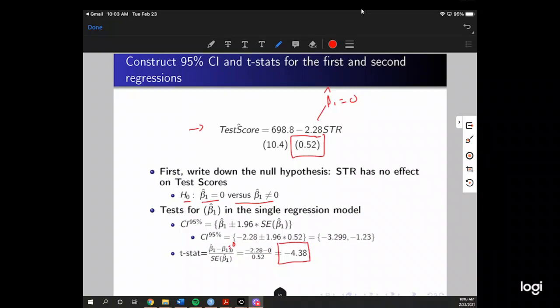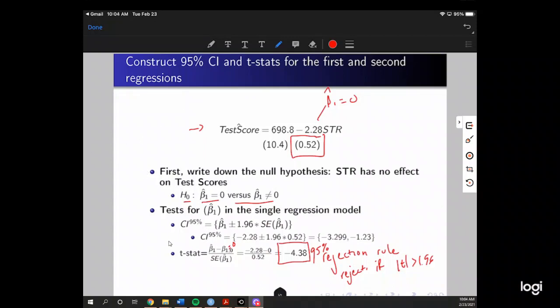Okay, how do we check that against our rejection rule? So our rejection rule, always remember this, let's call this the 95% rejection rule. Reject if the absolute value of the t-stat is greater than 1.96. And so negative 4.38, the absolute value of that is 4.38, and that's greater than 1.96.